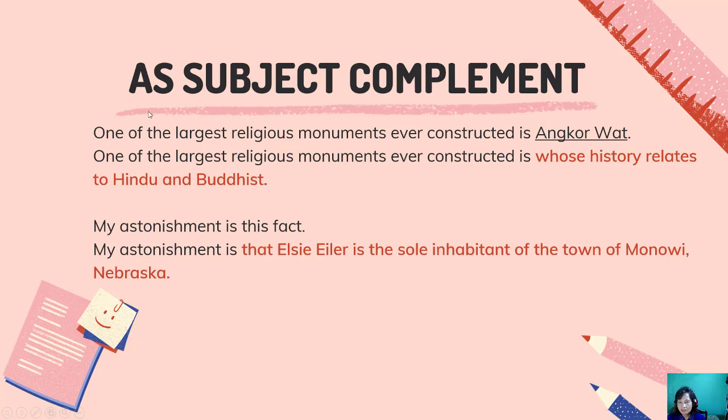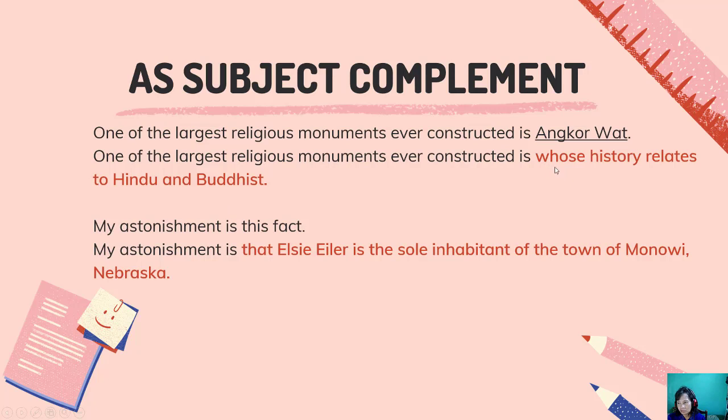And then the last position, as subject complement. One of the largest religious monuments ever constructed is Angkor Wat. This is the to be. So the noun is after the to be. That's why it is called subject complement. One of the largest religious monuments ever constructed is whose history relates to Hindu and Buddhist.